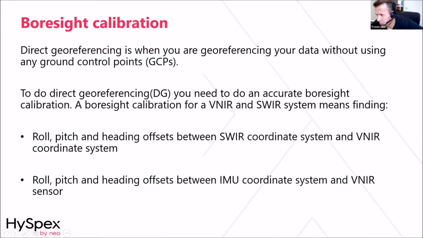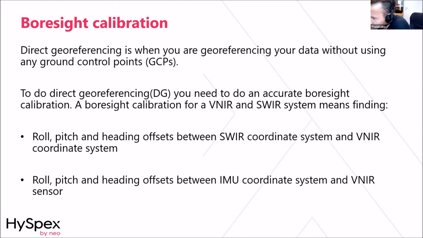Boresight calibration. When you have done this, we can do direct referencing without any points on the ground. If you have a dual system with VNIR and SWIR, we first boresight the SWIR camera to the VNIR camera.